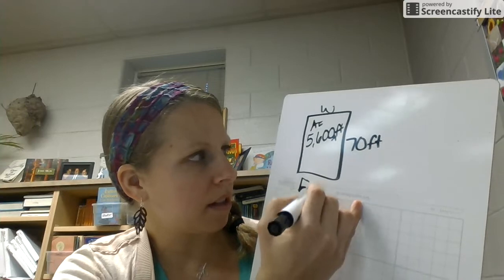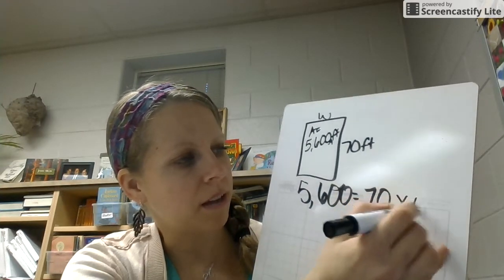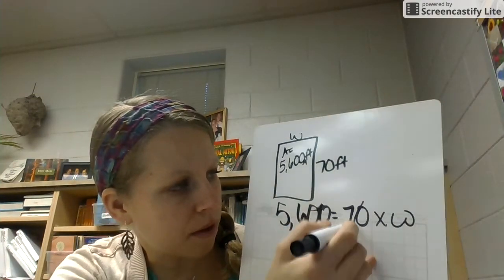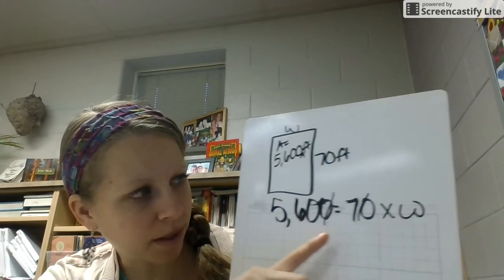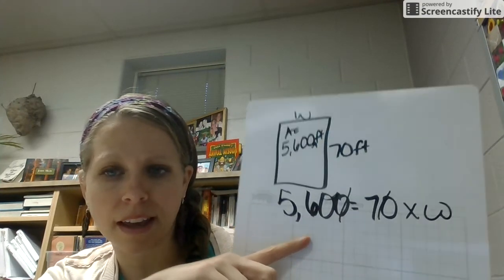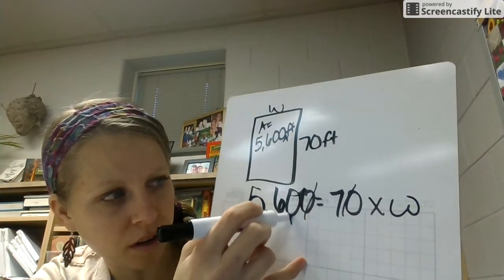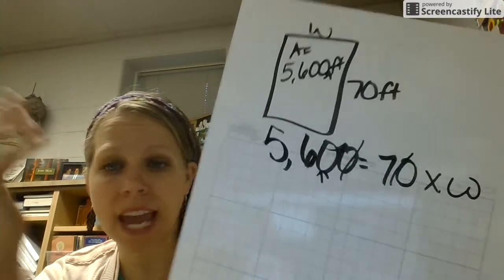So 5,600 equals 70 times W. So again, I'm going to take out one of these. I'm going to take out this one. And I'm still looking at 7 going into 560. You guys can see that I canceled out 2 zeros, but I still have this one that I'm going to try to ignore. Okay. So 7 goes into 56, and I know that that's 8 times.